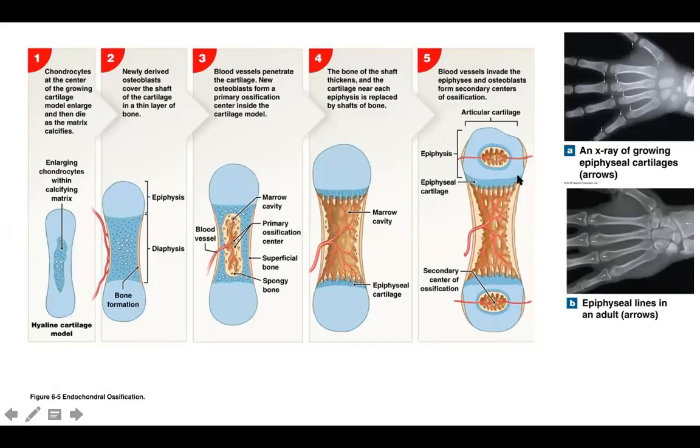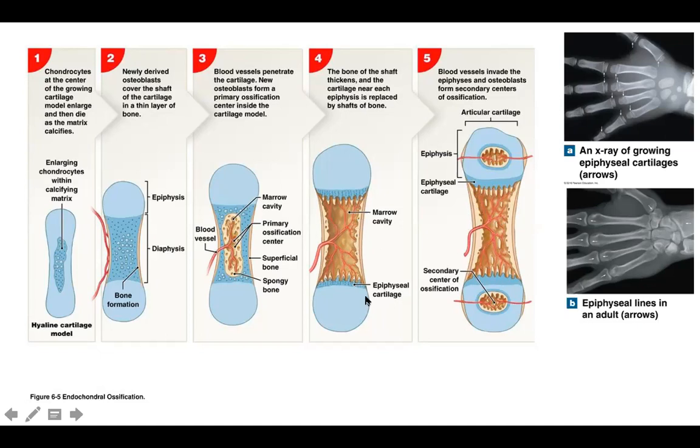And then it will slowly work towards closing at this epiphyseal cartilage, this metaphyseal plate in between the two. So the growth plate area, that metaphyseal plate, is the last portion to close. And then you also have that appositional growth. You can see as this continues to ossify, it gets thicker.